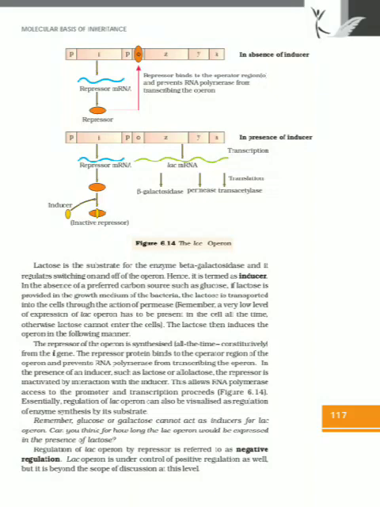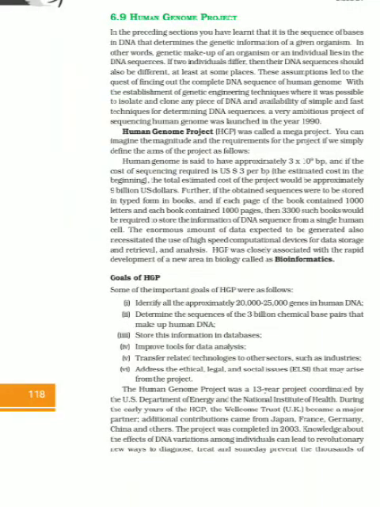This allows RNA polymerase access to the promoter and transcription proceeds. Essentially, regulation of lac operon can also be visualized as regulation of enzyme synthesis by its substrate. Regulation of lac operon by repressor is referred to as negative regulation. Lac operon is under control of positive regulation as well, but it is beyond the scope of discussion at this level.